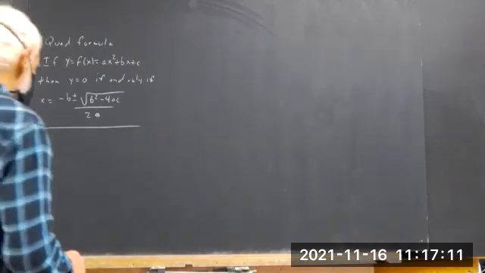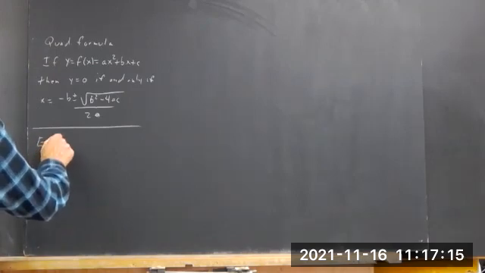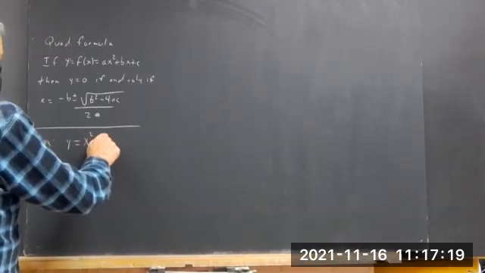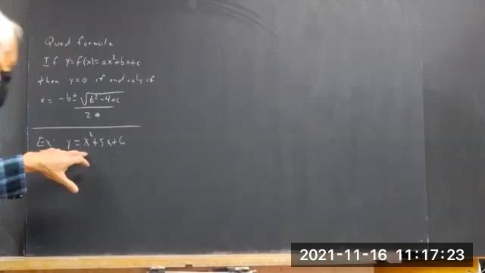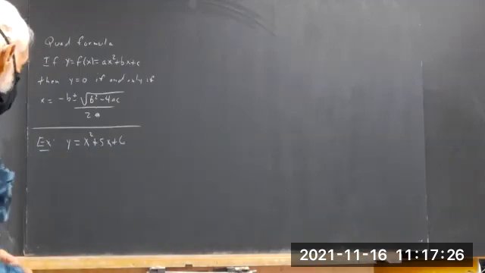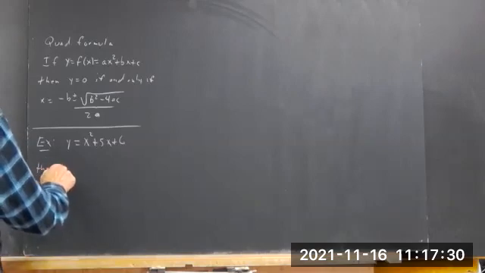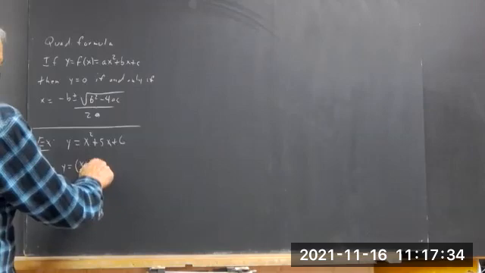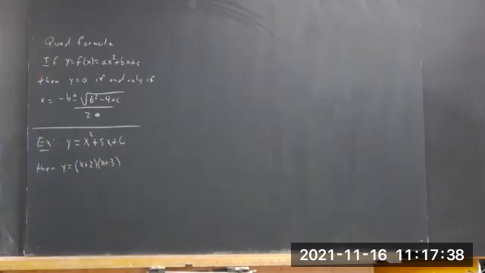Now, if y equals x squared plus 5x plus 6, then y is x plus 2 times x plus 3.